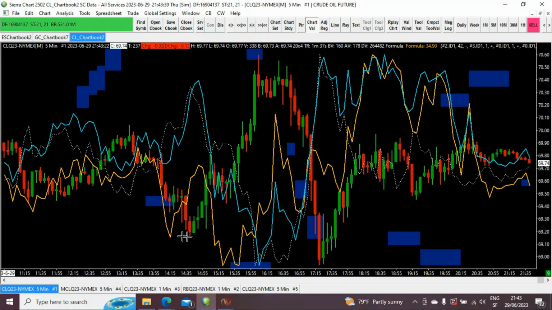Alternatively, you may have a situation like this one, where the crack spread, the orange line, is above the skew, the blue line. That is a peak demand area, which probably indicates that the crude oil price is too expensive.